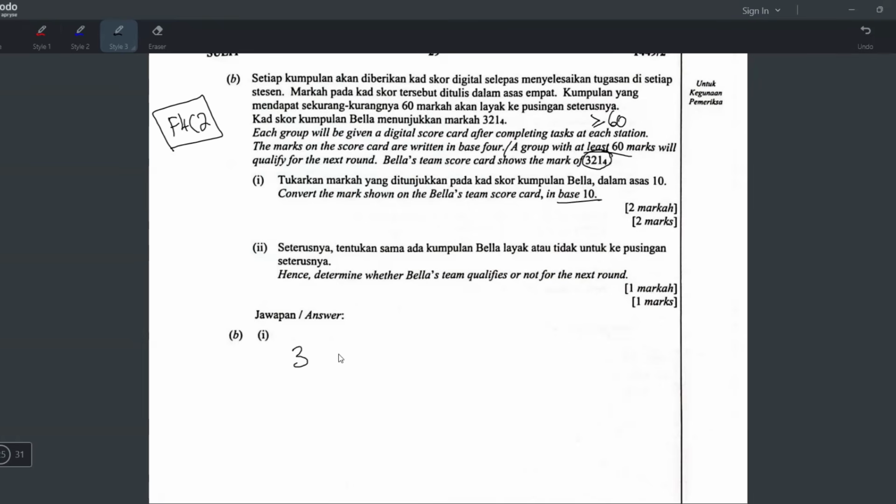Okay. So 321 base 4, converting to base 10, you have to write down the place values: 4 power 0, 4 power 1, 4 power 2. When you're changing a smaller base to base 10, you have to use this method, the multiplication method. So you write down the place values here, and since it's base 4, it's 4 power 0, 4 power 1, 4 power 2, and then multiply lah. So 4 power 2 times 3 plus 4 power 1 times 2 plus 4 power 0 times 1.